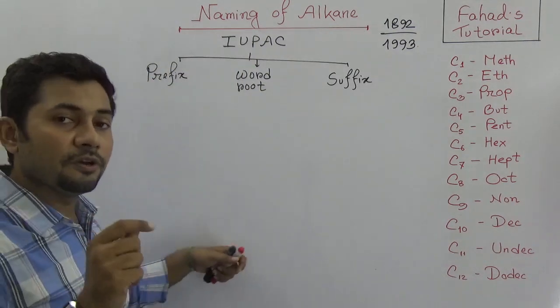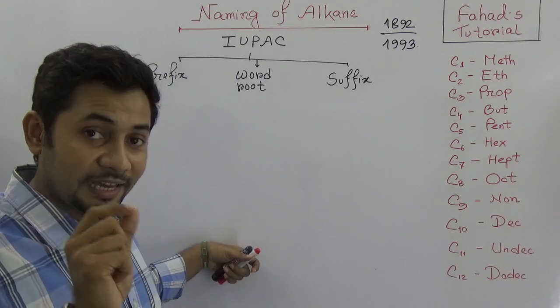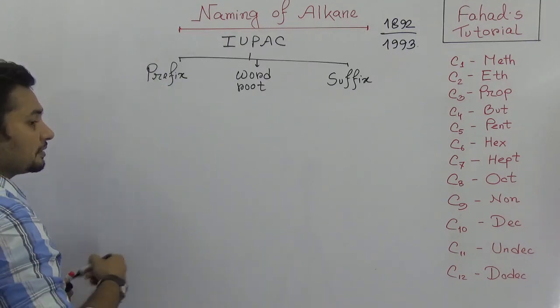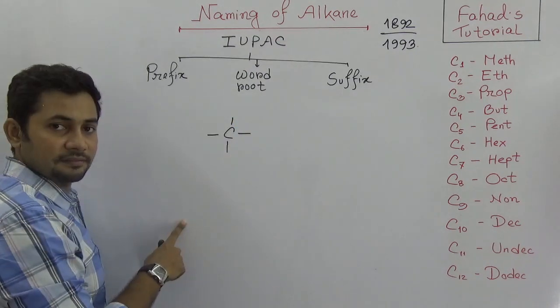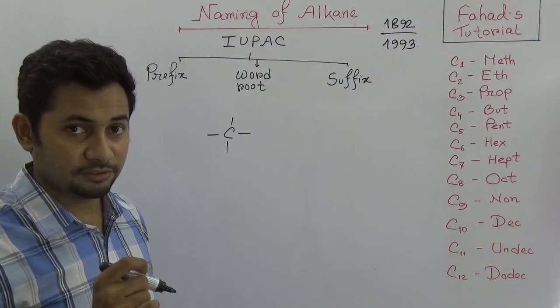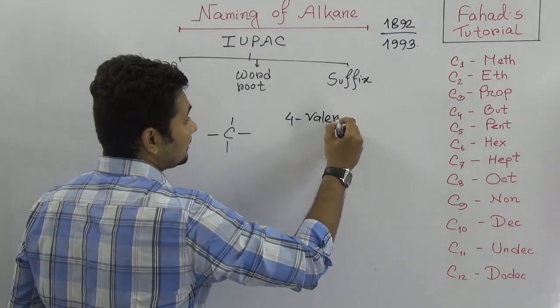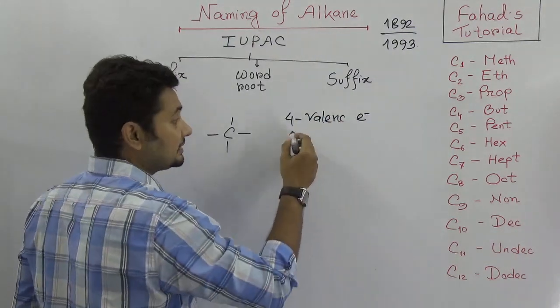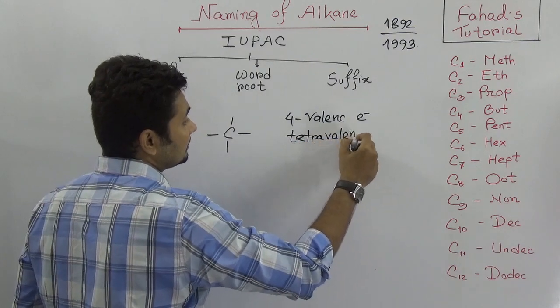So I hope you know that the first member of alkane is what? The first member of alkane is methane. We know that carbon has 4 valence electrons, that is tetravalent. So carbon is tetravalent.